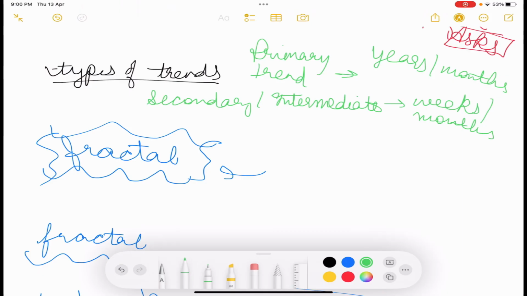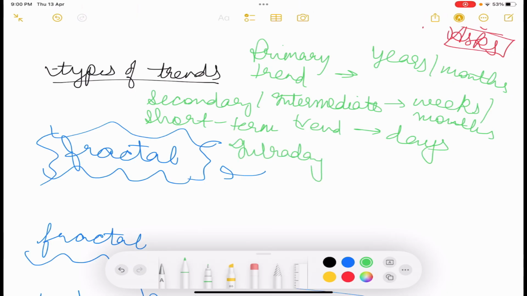What comes after that? Short term trend is measured in days. We have short term trend after that, which is measured in days. Now we have our last and final trend, which is our intraday trend. Intraday is the same day buy and sell, which is in minutes, hours, etc.